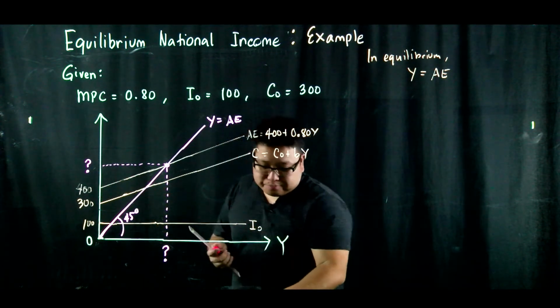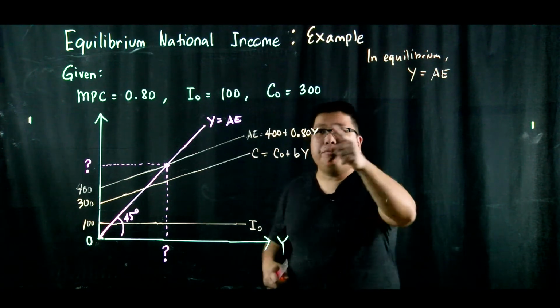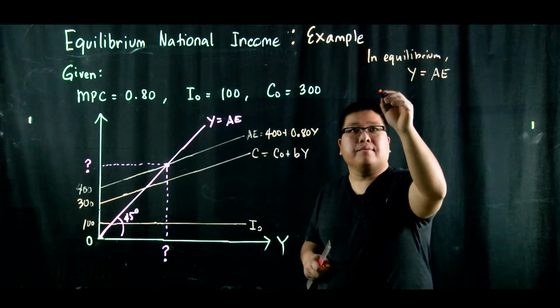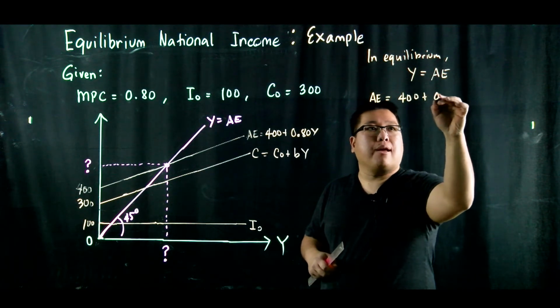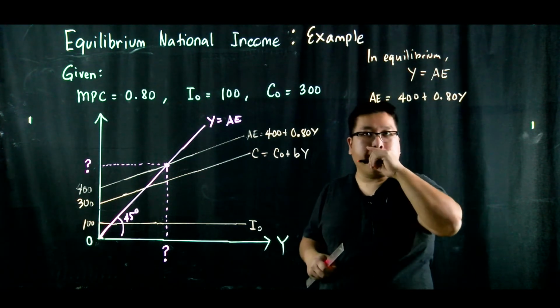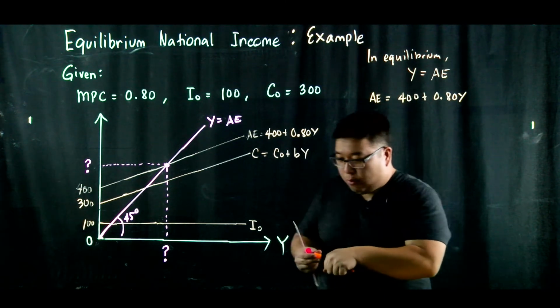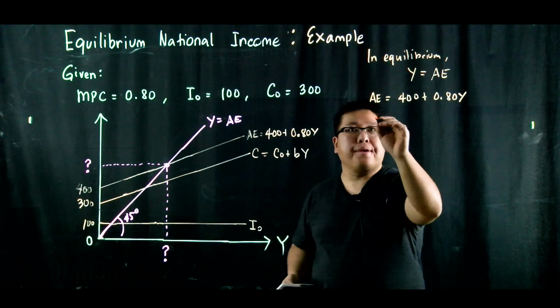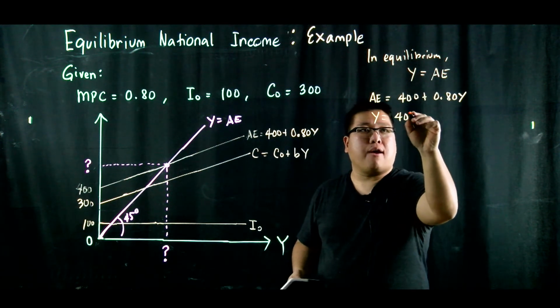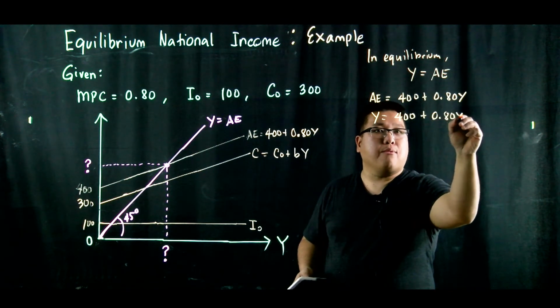So let's find the numbers that give us these question marks. Let's solve for these. So we know that AE is equal to 400 plus 0.8Y. We know that in equilibrium, Y equals AE. So we have here Y equals 400 plus 0.8Y.